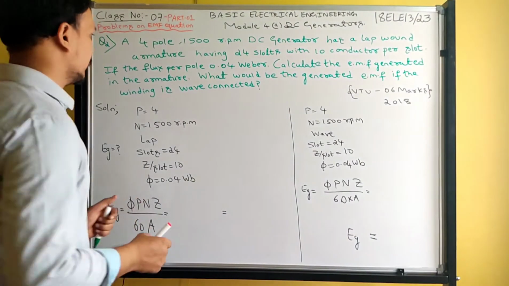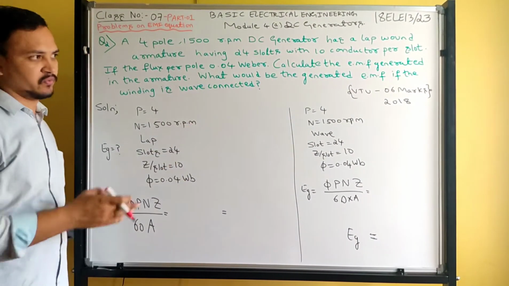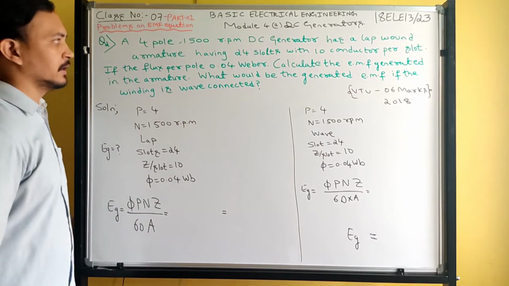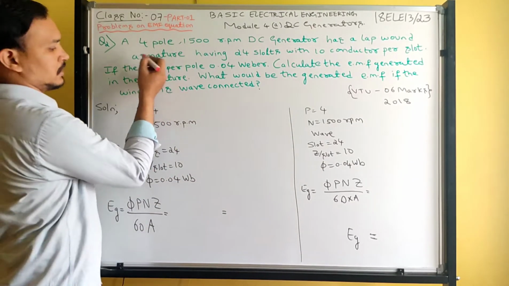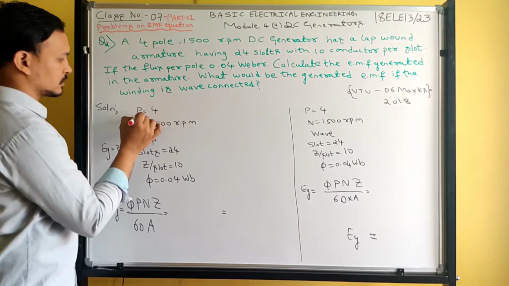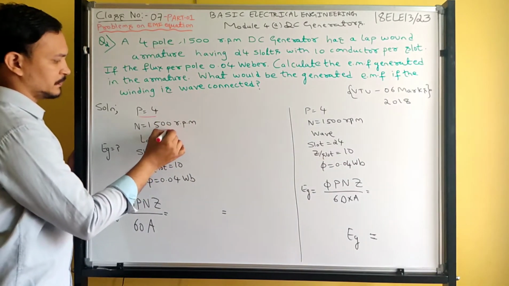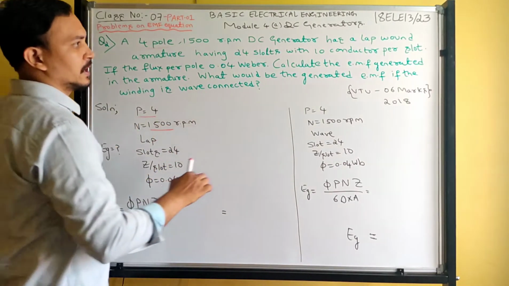Okay, dear students, now we can look into the second problem. This question was also asked in VTU for 6 marks in 2018. Look at this question. A 4 pole generator, number of poles is 4. Speed of the generator is 1500 RPM.